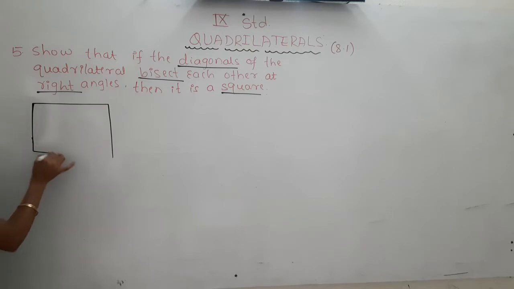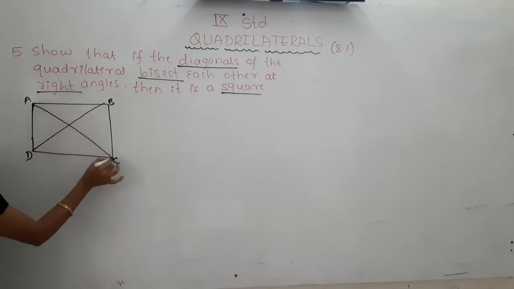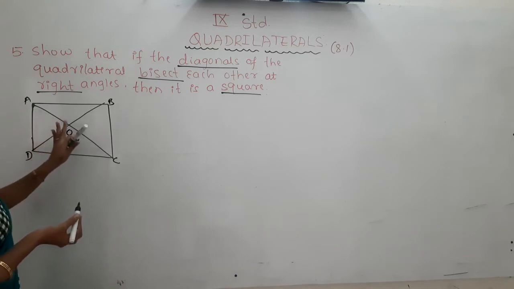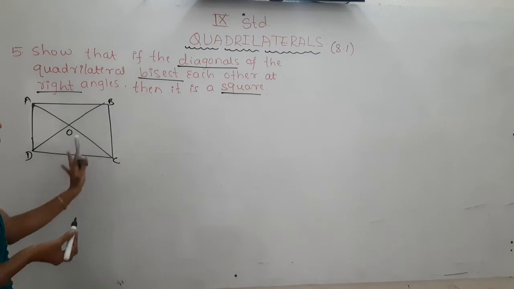This is a quadrilateral ABCD. Here BD and AC are two diagonals, and they intersect each other at a point O. We have to show that this is a square.